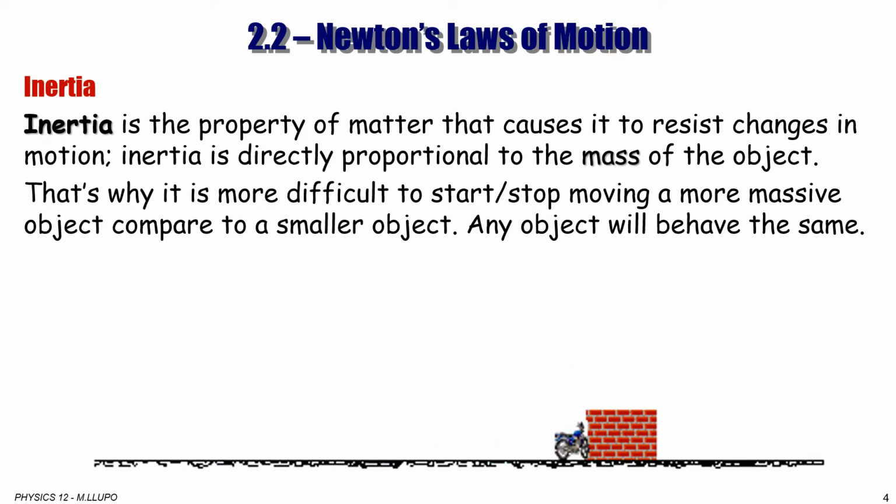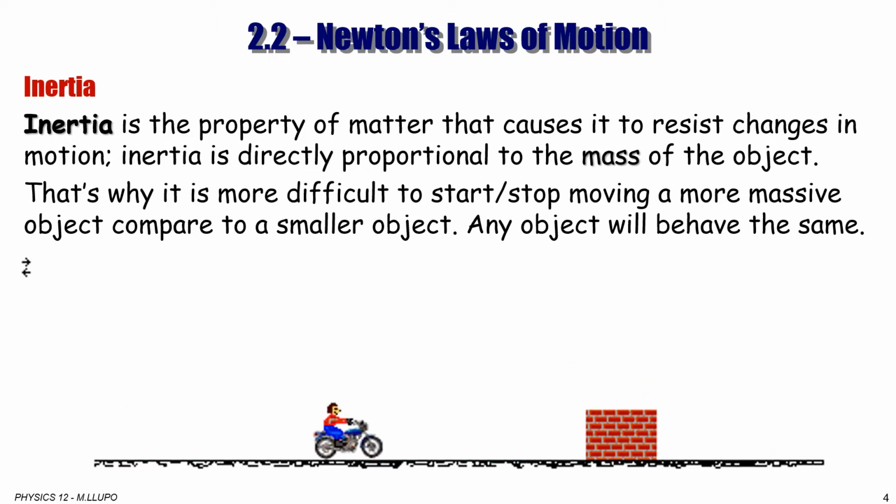Any object will behave the same. See if that motorcycle suddenly stops because of the wall, your body is going to just keep moving forward as it was moving. The same way, if the car suddenly stops, a driver who is not wearing a seatbelt is going to fly through a window.